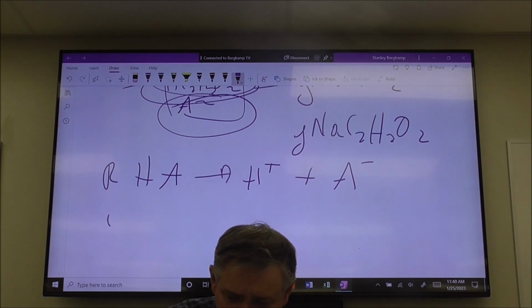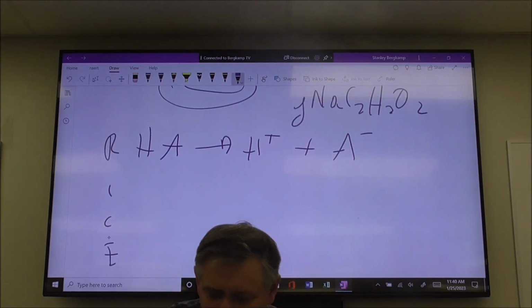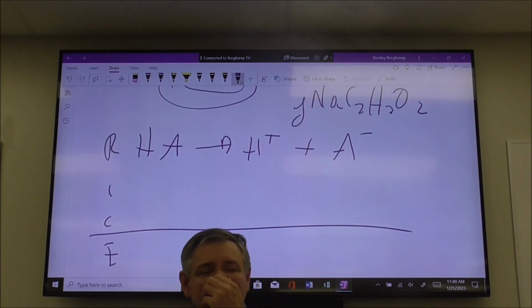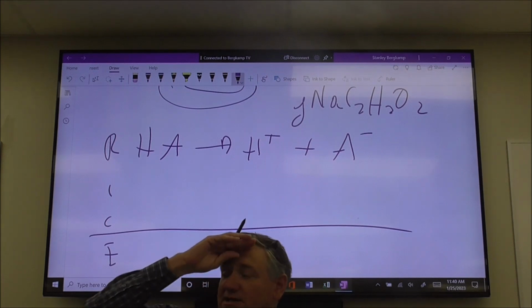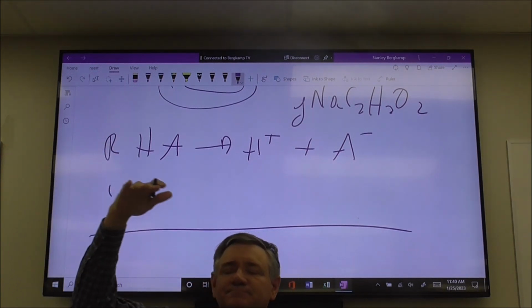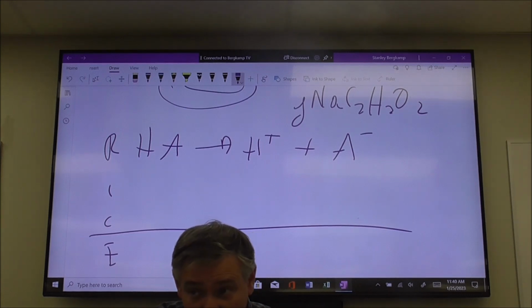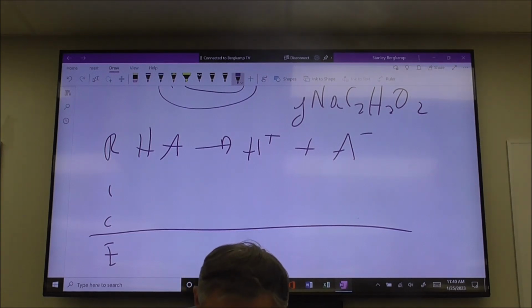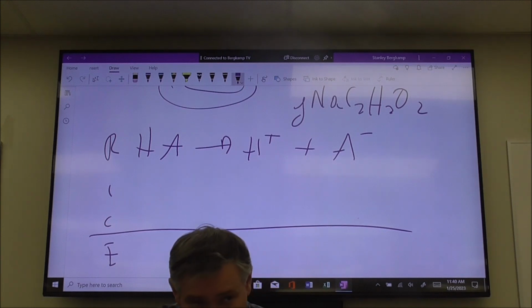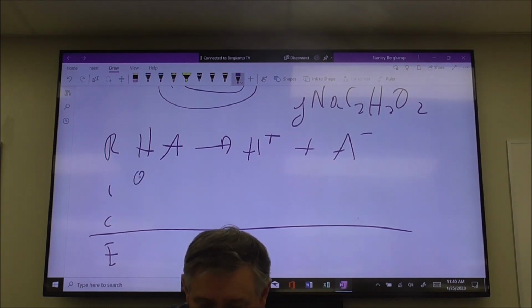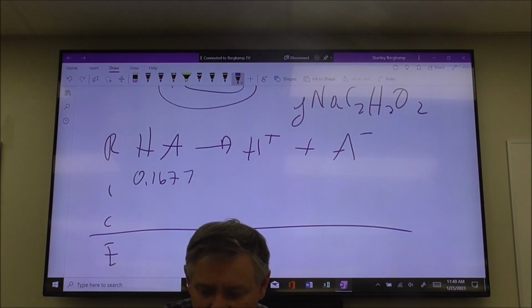So here's your RICE chart. Now, you can work this a couple of ways. Ideally, you would work it in molarity, because if this number is wrong, then this entire problem is going to be wrong. So if you find the molarity of your acetic acid, that should be 0.167 molar.